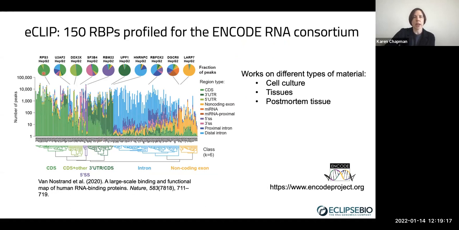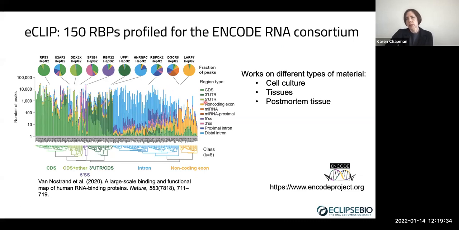This is just an overview of some of these different RBPs and how they tend to bind different regions of transcripts. So some of these are intron binders, some of them are 5' UTR binders, et cetera.